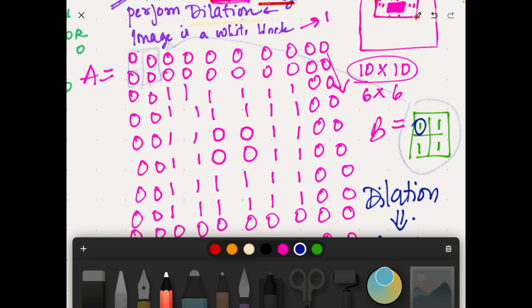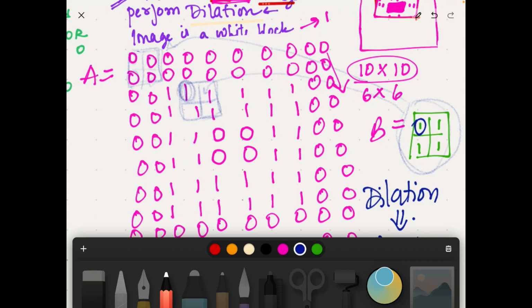So for this window our answer is going to be 0, right? Whereas if this structuring element were to be placed over here in this block, we check what is the maximum that the structuring element is able to determine, and it is this one. So for this element, the answer becomes 1.